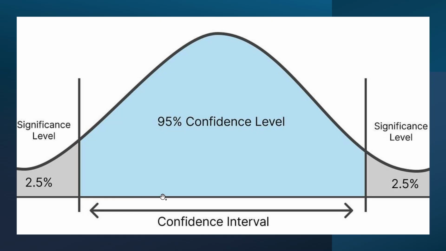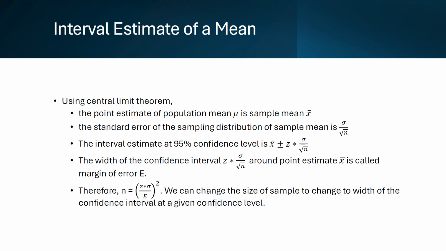The standard error of the sampling distribution of proportion is given by root of PQ by N. So the confidence interval would be given by the point estimate of P plus or minus Z times root of PQ by N. And the width of the confidence interval is of course Z times root PQ by N. So we can determine that N will be equal to (Z by E) whole square times PQ, where P and Q are related by the relation Q is equal to 1 minus P.